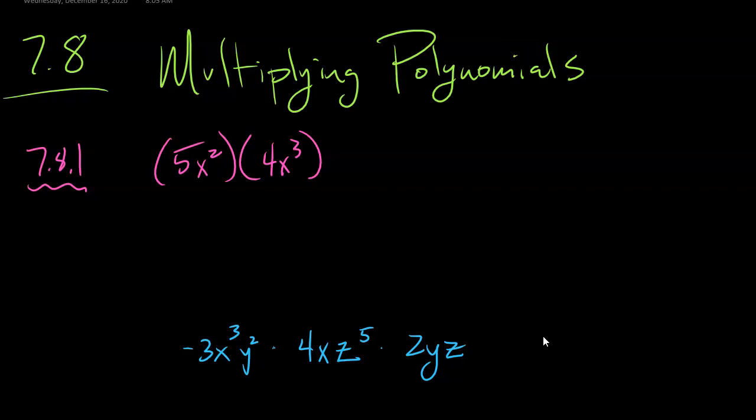The way I approach this is these both are considered one term, monomials, because there's no plus or minus signs. So I'm looking at this as one big multiplication thing. This is like 5 times x squared times 4 times x cubed.